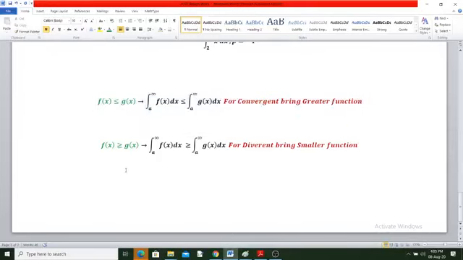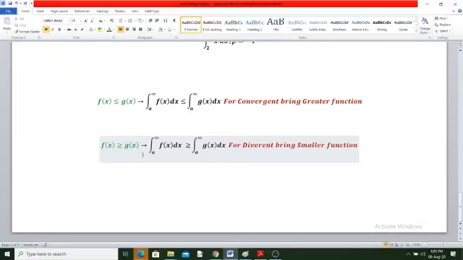Similarly, if you decide to prove this integral divergent, then bring a smaller function. For divergence, bring a smaller function g of x than f of x, and then bring the same integral on g of x as on f of x.